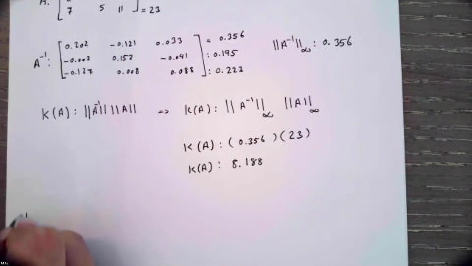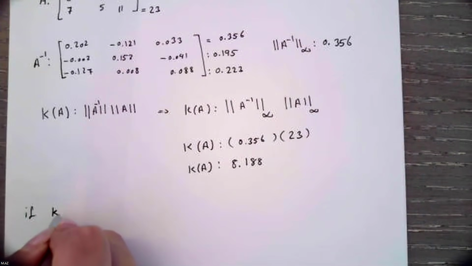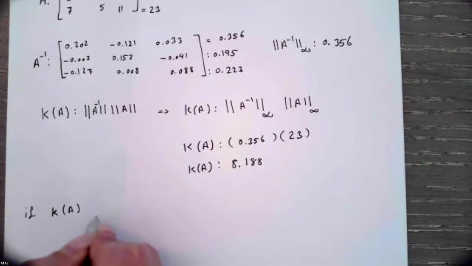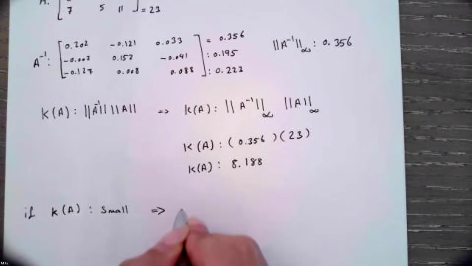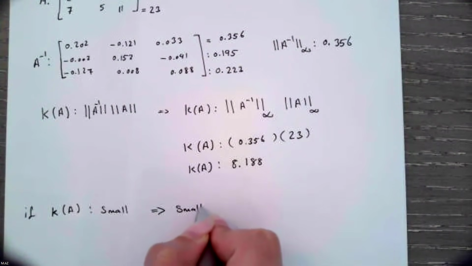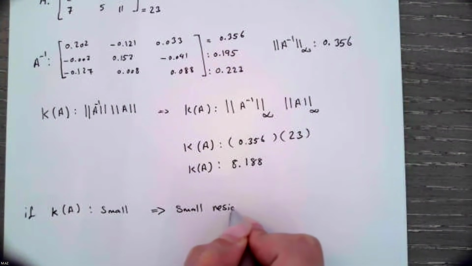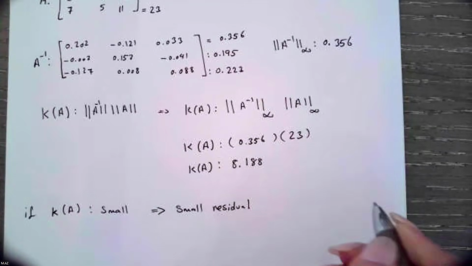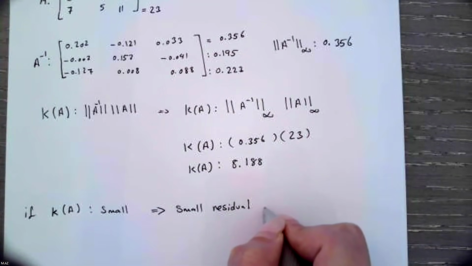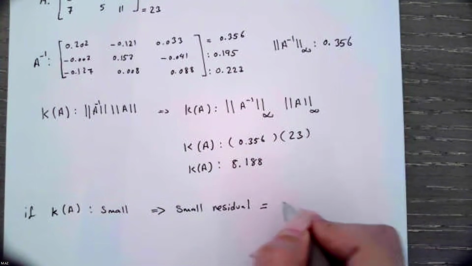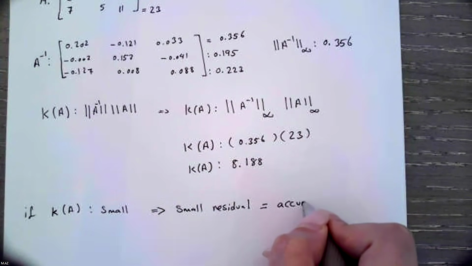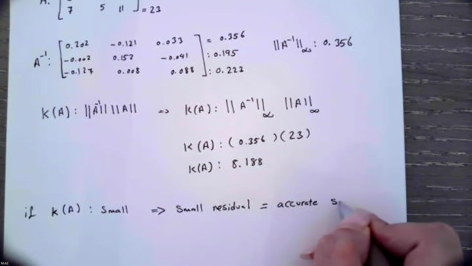For the conditioning number, we have to know some things. If the conditioning number is small, then the small residual indicates an accurate solution.